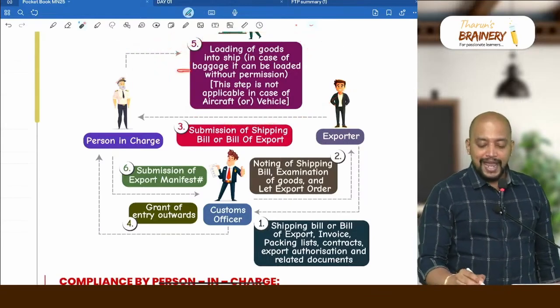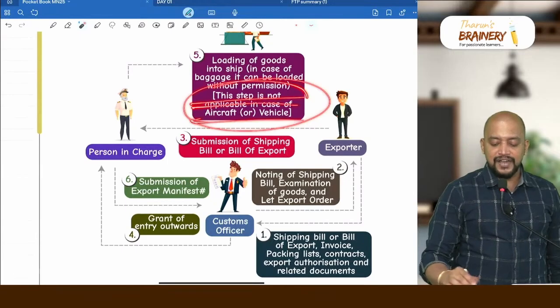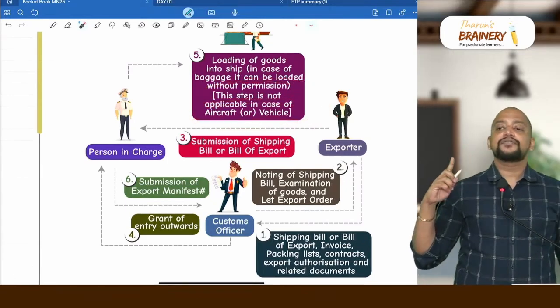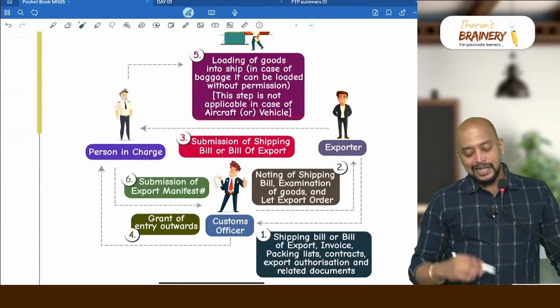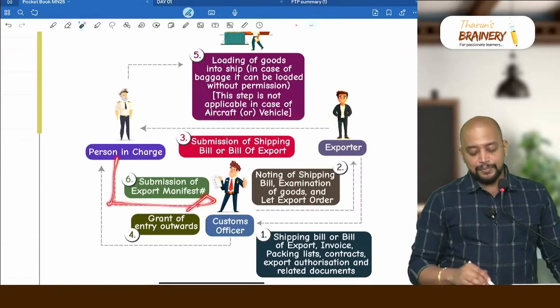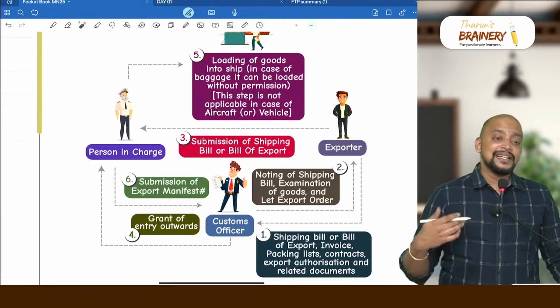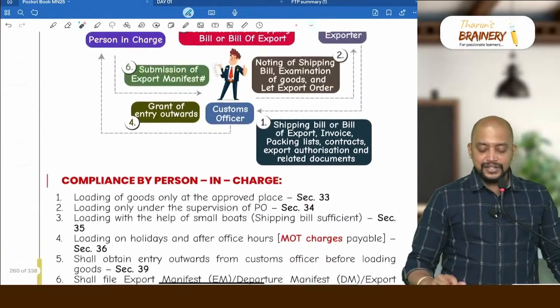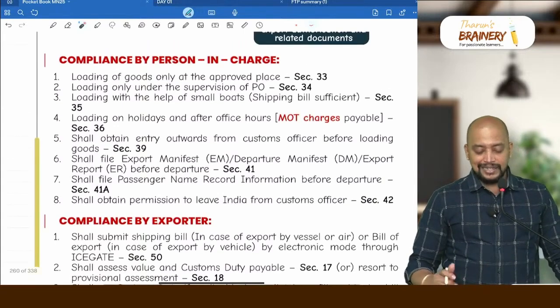In case of baggage, it can be loaded without permission, but this step is not applicable in case of aircraft or vehicle, because the concept of grant of entry inwards or outwards is not applicable for aircraft or vessel. And thereafter the person in charge will submit the export manifest. In case of aircraft, the export manifest is called the departure manifest, and in case of vehicle it will be called the export report. Okay, so you can say this.